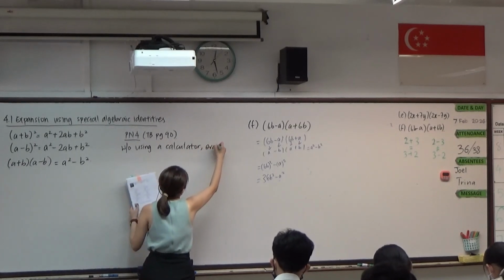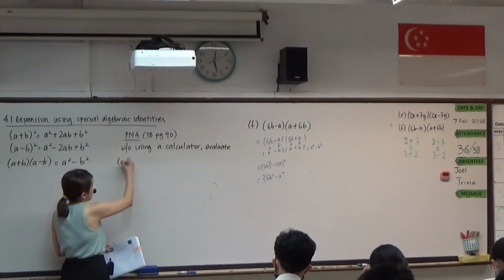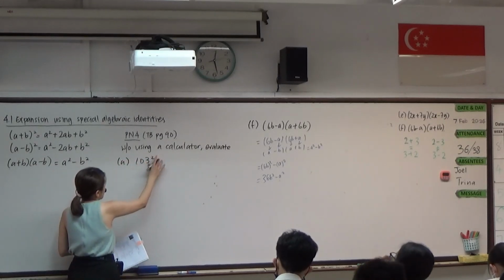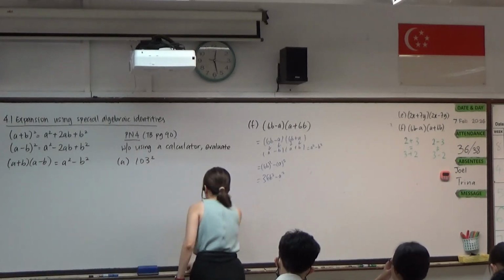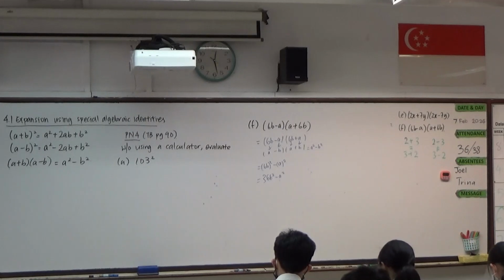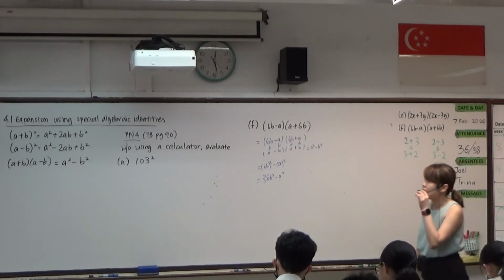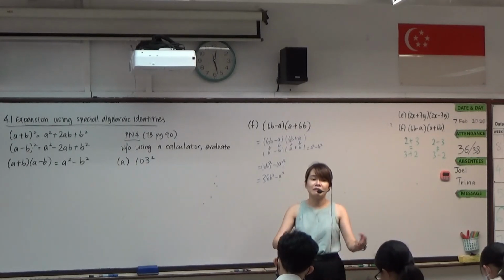We want to evaluate, which means to calculate, in part A, 103 squared. How are we going to do that? Maybe firstly you will think, why would anybody ask me to calculate 103 squared mentally? We never know.